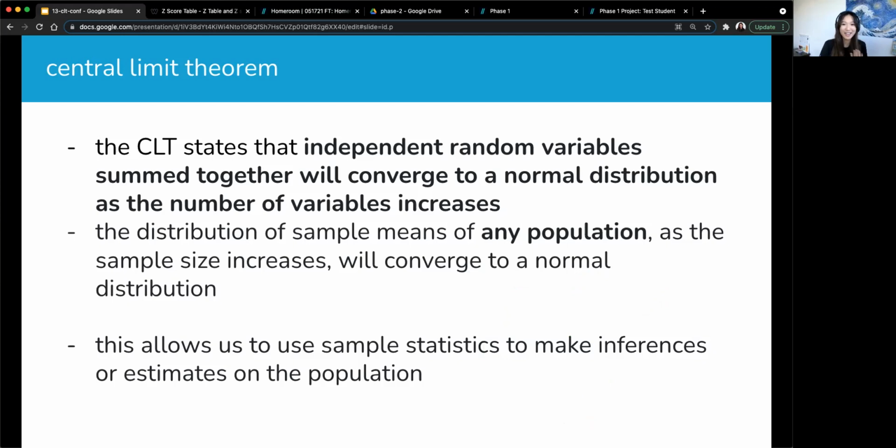So, just having subsets of data, the central limit theorem allows us to make conclusions on the world or on the population. So that's why that's important. It's a conceptual thing, but it's the reason why we can use sample data and make conclusions.